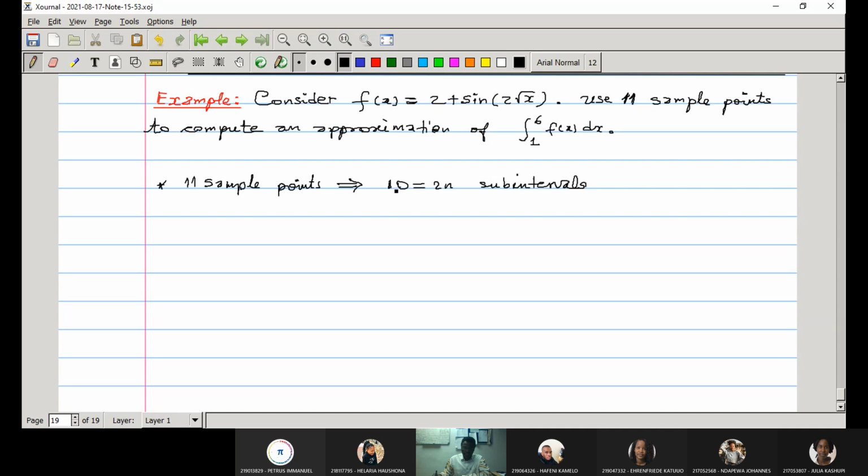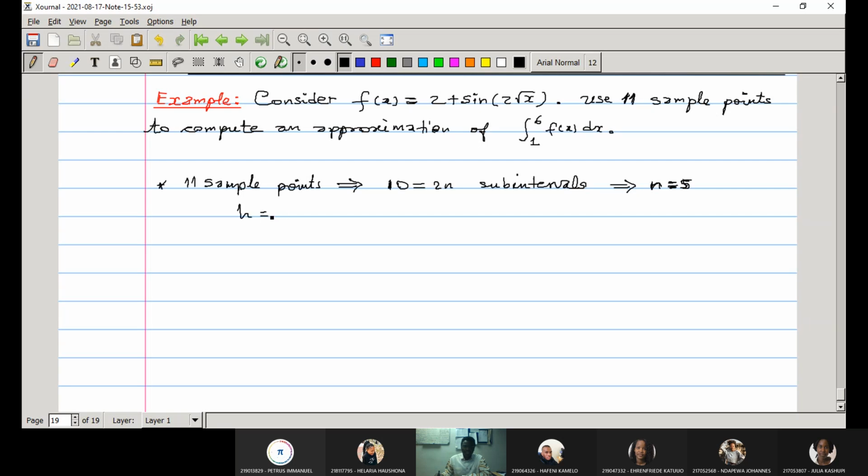So in our formula, you agree with me that n is 5 if you want to use the formula. But I say that if I have that, we know that they're equally spaced, so we can compute h.